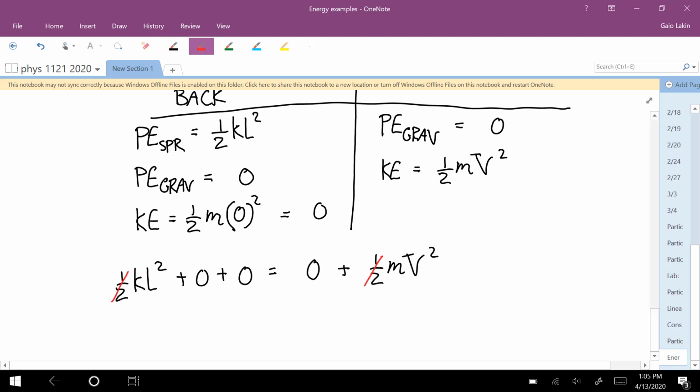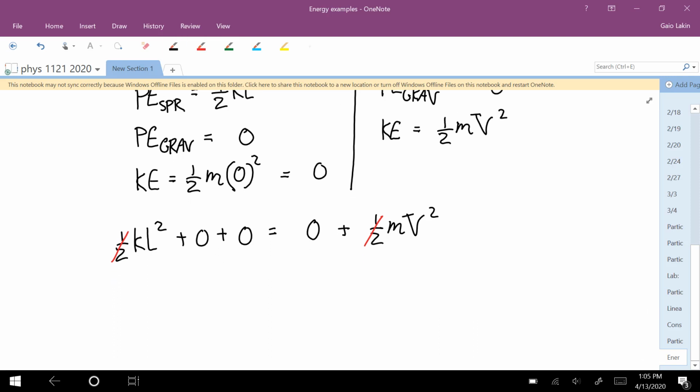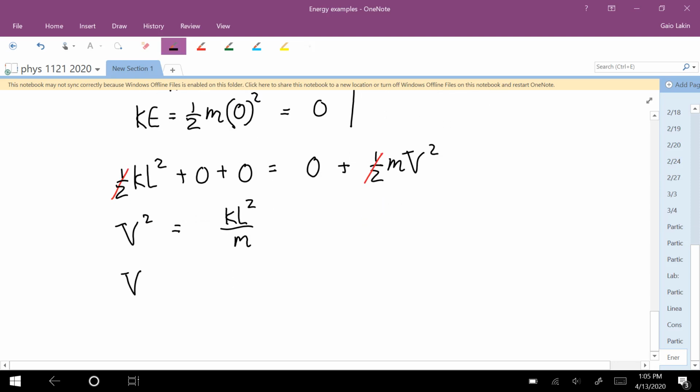And now we're just going to calculate v in terms of the other stuff. So v squared is equal to KL squared over m. Take the square root of both sides, and v is equal to plus or minus L times the square root of K over M. V is always positive, so we want the positive one.